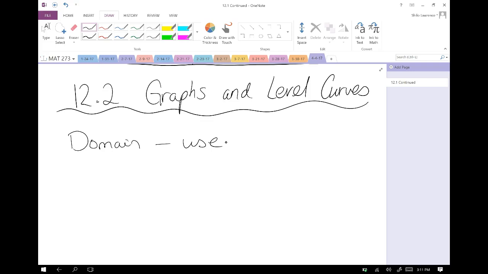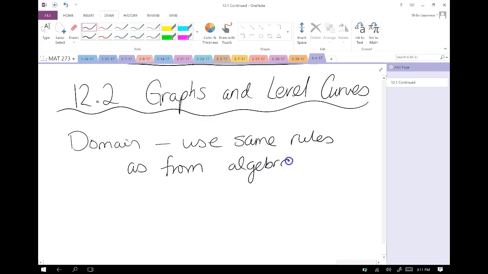It's all the same algebra rules about the types of calculations we're allowed to do. The only difference is we're not going to be able to actually solve for numbers we're allowed to use and not allowed to use. Most likely, we're going to solve for some sort of relationship between the x's and the y's.